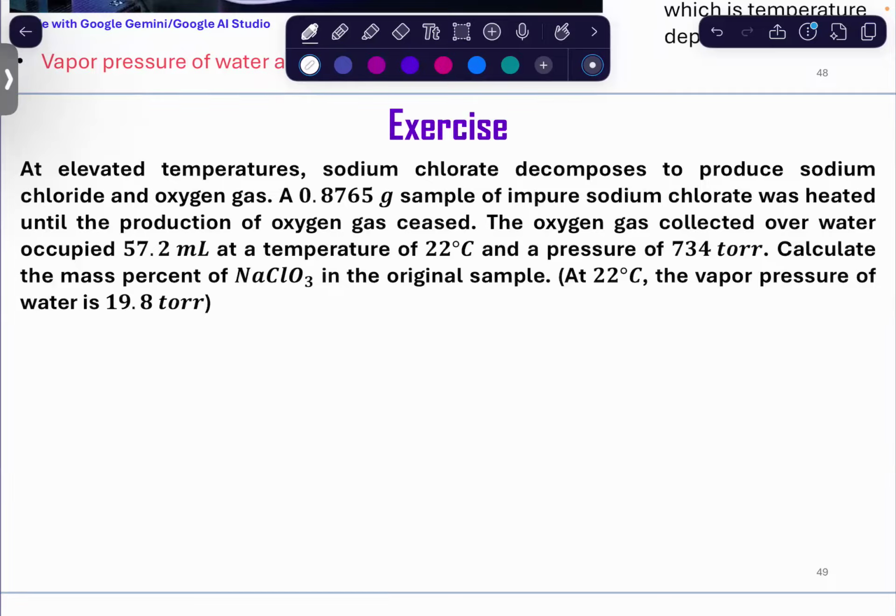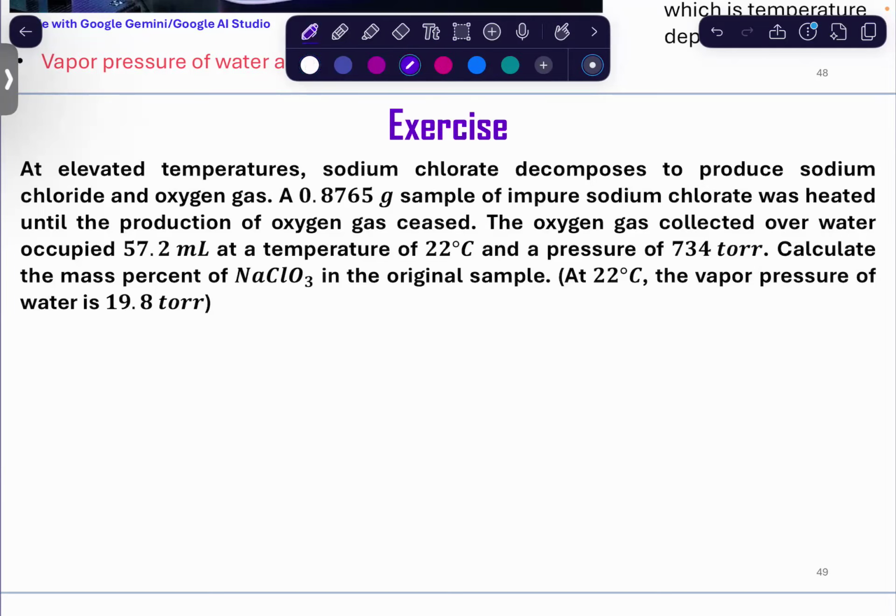What is the mass percent of the sodium chloride? Wait, sodium chloride is one of the products. I just skipped a line. So, the mass percentage of the sodium chlorate in the original impure sample. We're given the vapor pressure of water at 22 Celsius.